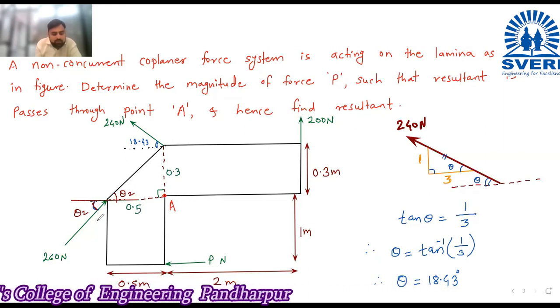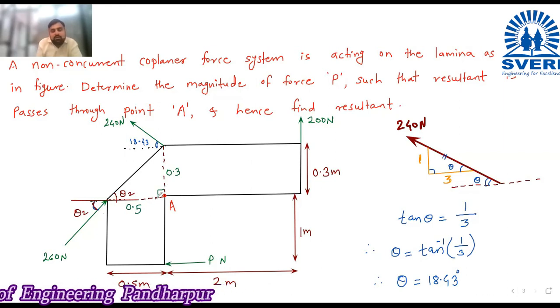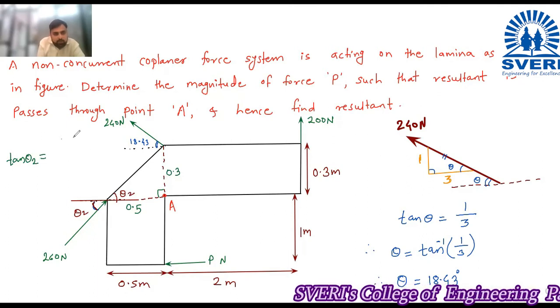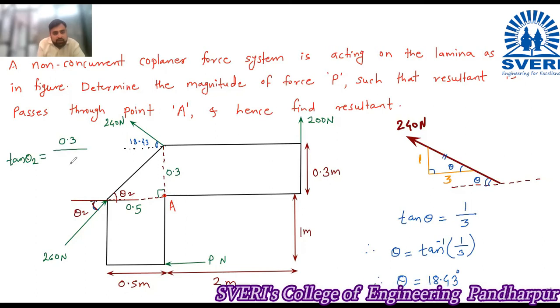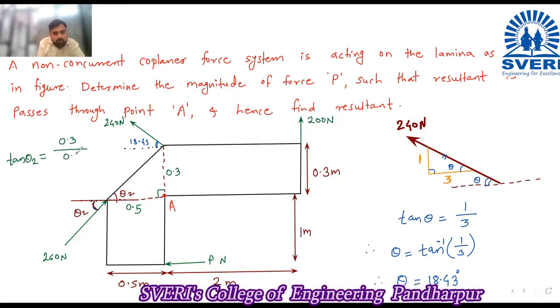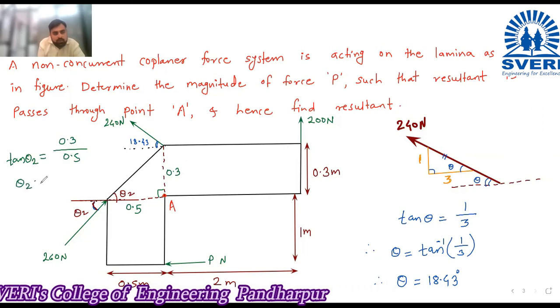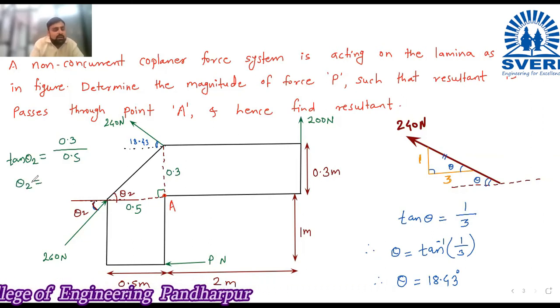Then again I can use tan of theta. If I use tan of theta 2, where theta 2 is this angle, the opposite side is 0.3 and the adjacent side is 0.5. Now if you solve, you will get the value of theta 2. Calculate the tan inverse of 0.3 by 0.5.